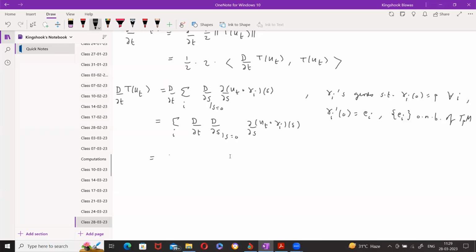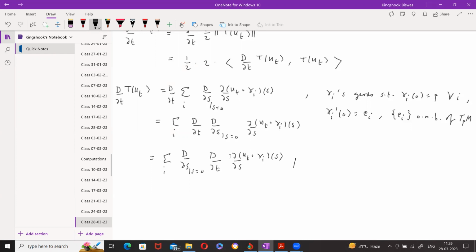So I can interchange the first two. This will become d del s at s equal to 0, d del t, and then del del s of u_t composed gamma_i first.